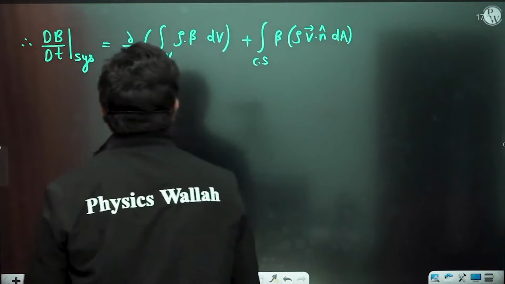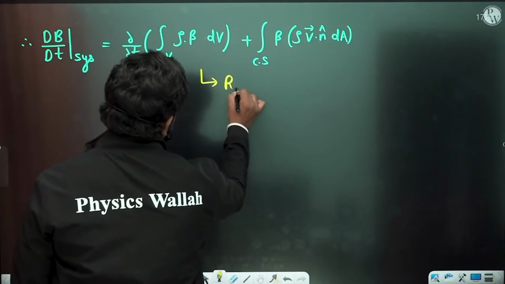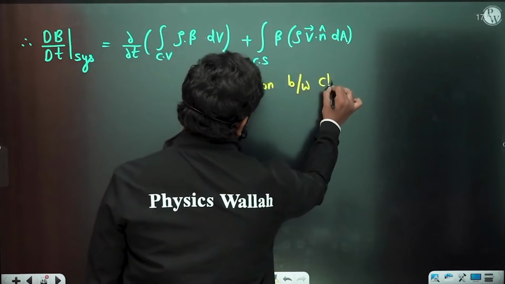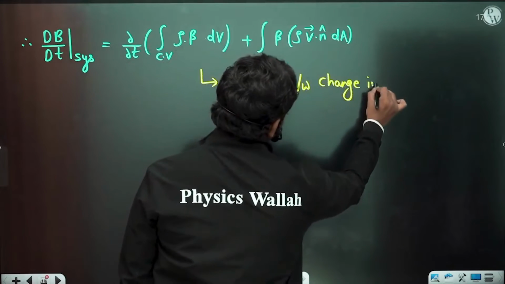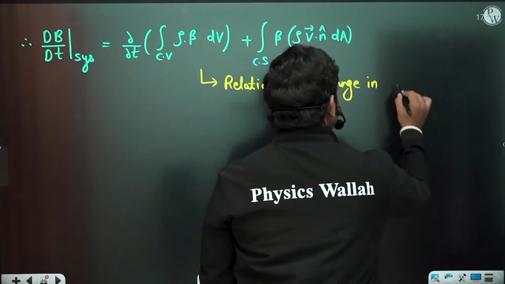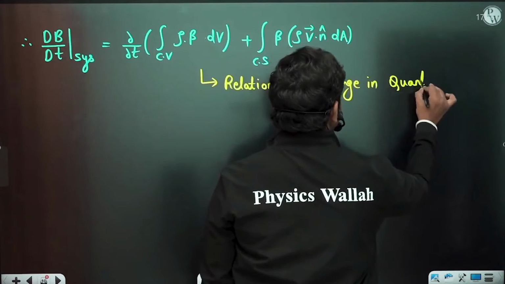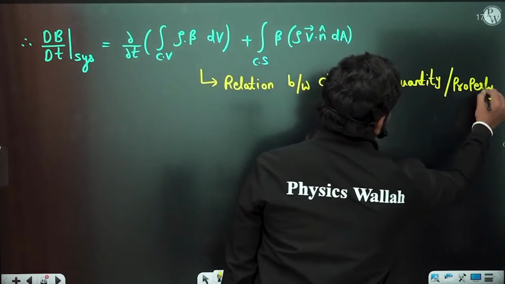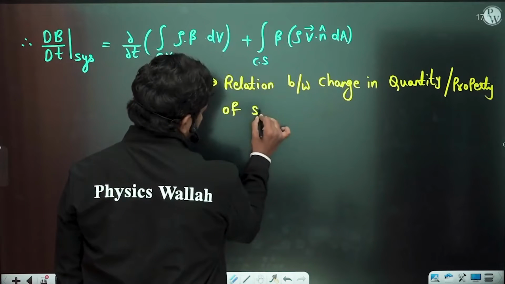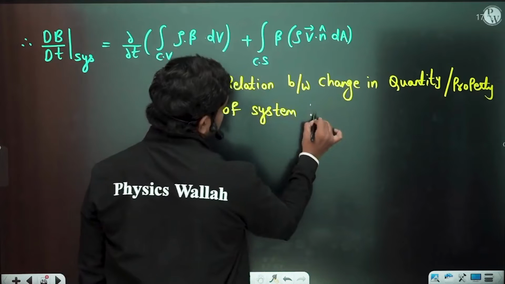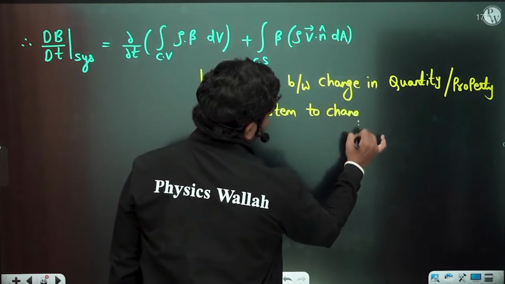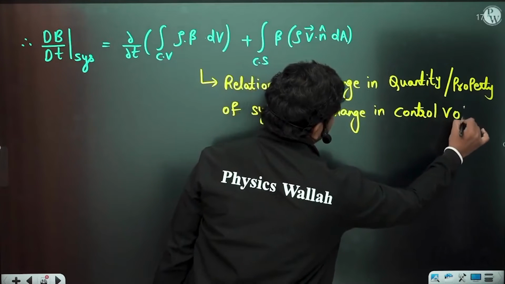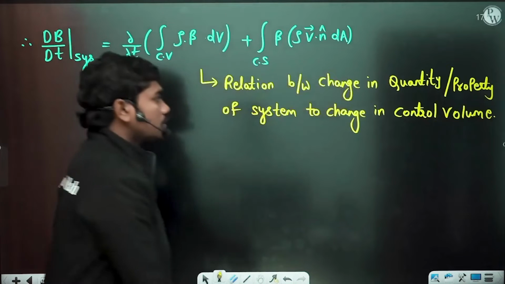So this is basically the relation between the change in property of the system, or change in quantity or property, generally like mass, whatever you take, so the property of the system, to the change in control volume.